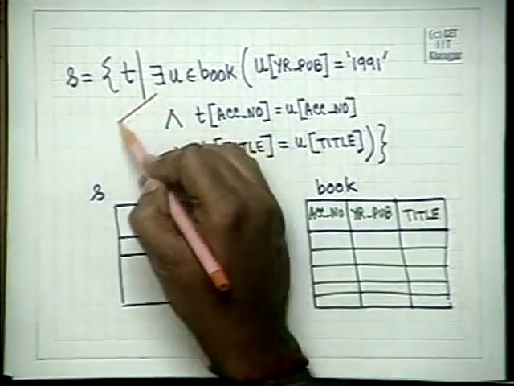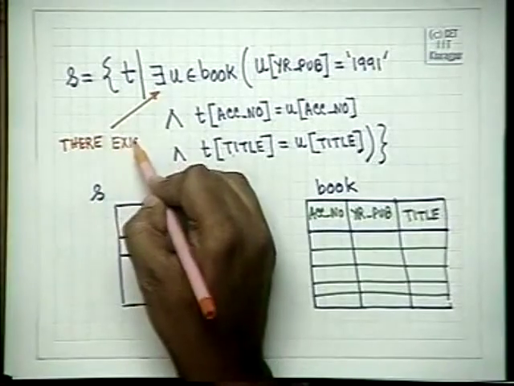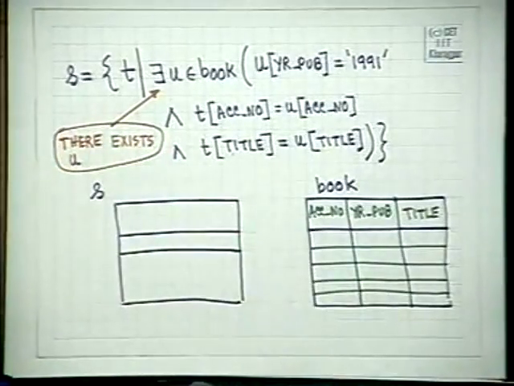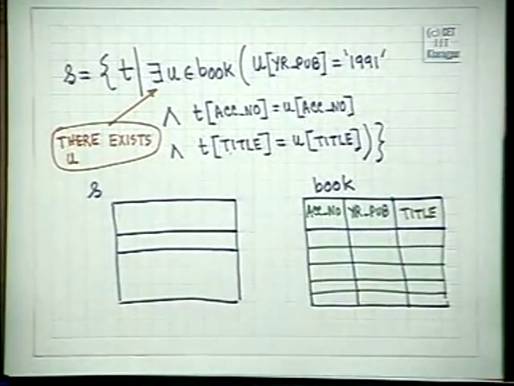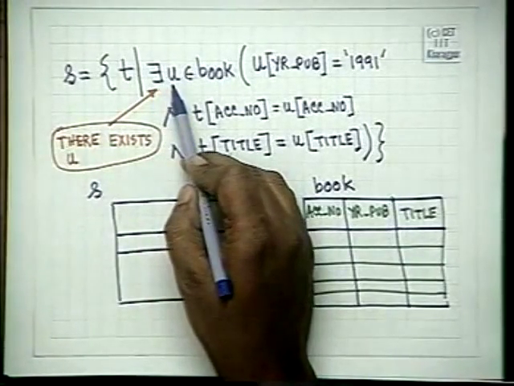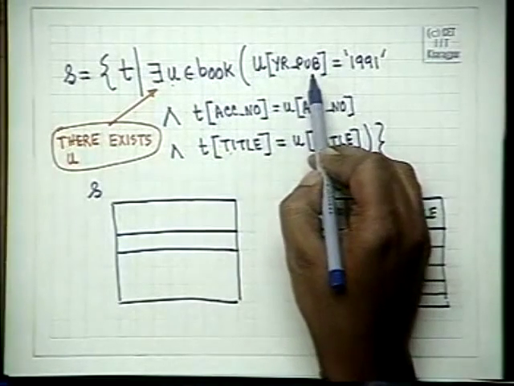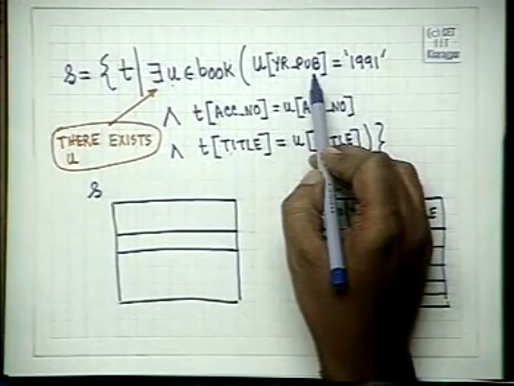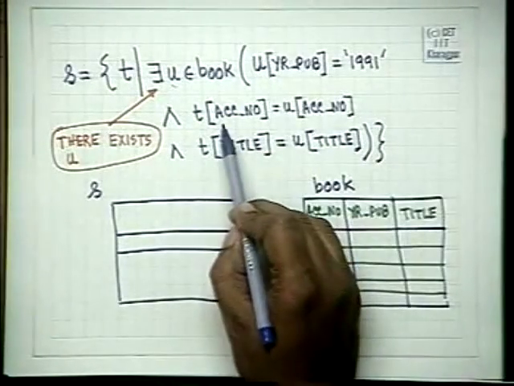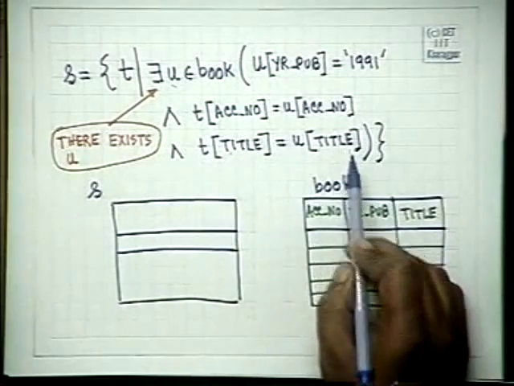This is the meaning of this: for every tuple T in S, there exists some tuple U in book such that U year of publication, this way we specify the value of the attribute of a particular tuple, must be 1991 and the accession number in T will be same as accession number of U and the title of T will be same as title of U.